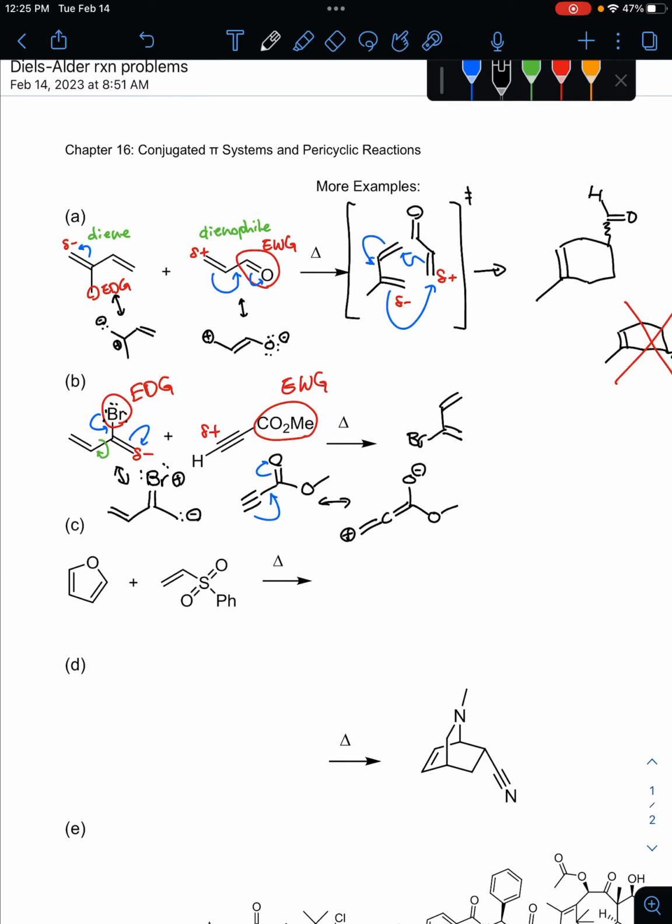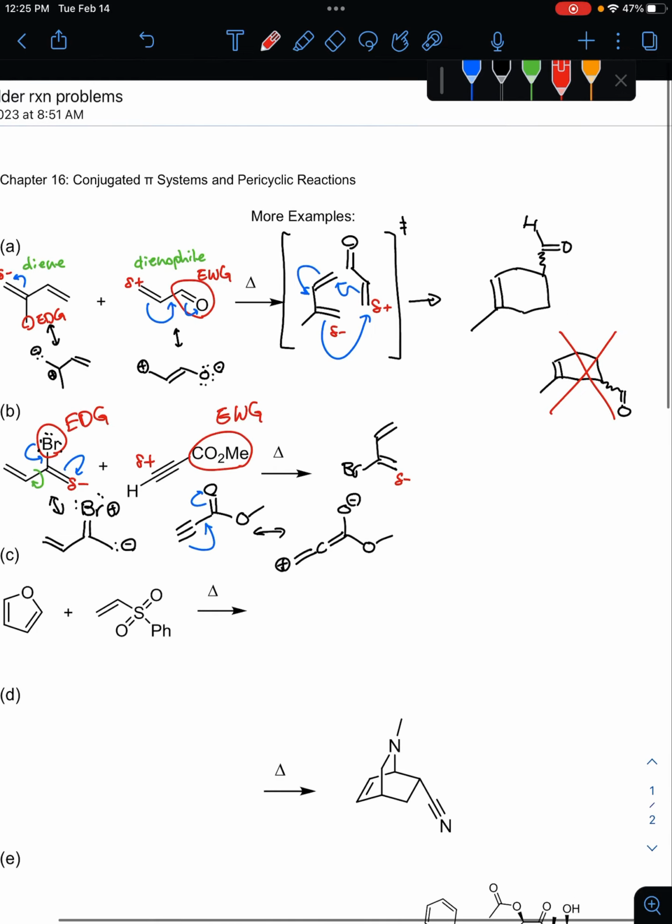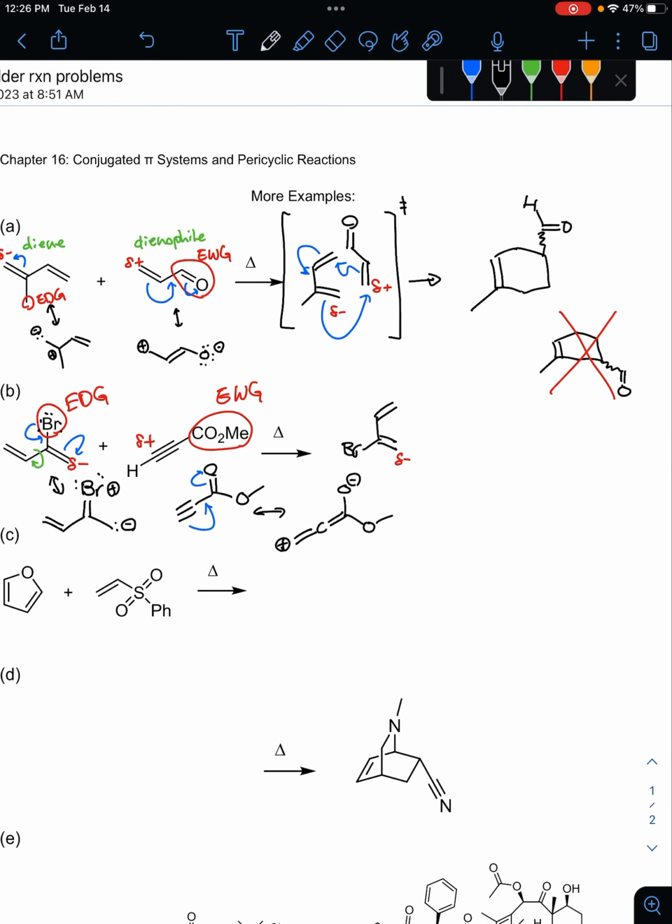And with this notation, my partial negative charge is right there, so I just have to make sure my alkyne should not be like this. That would be wrong. But my alkyne ester should be in this orientation, so that the partial positive goes with the partial negative.